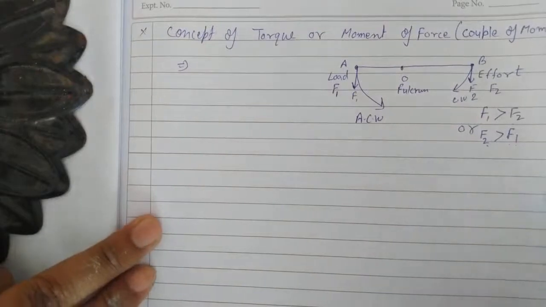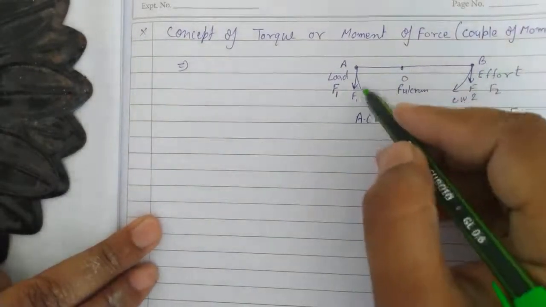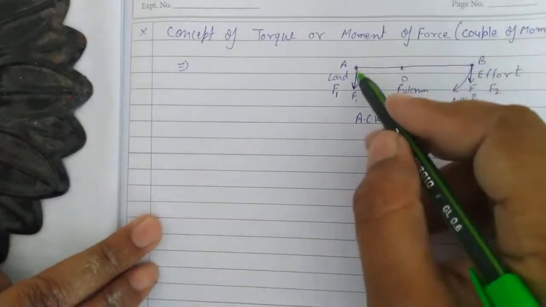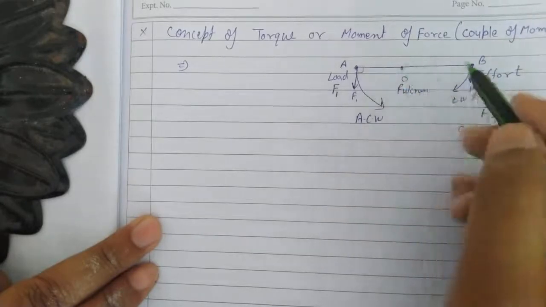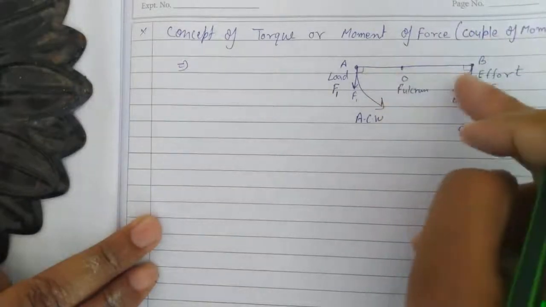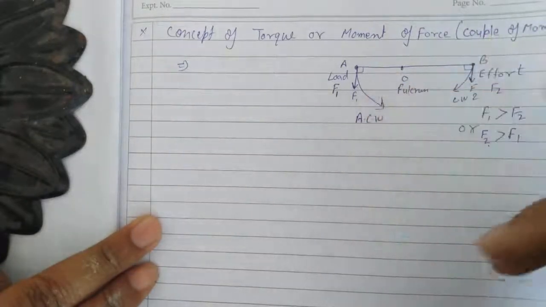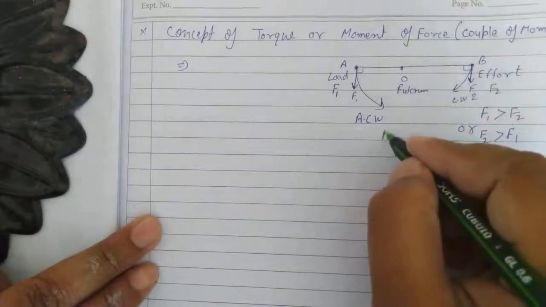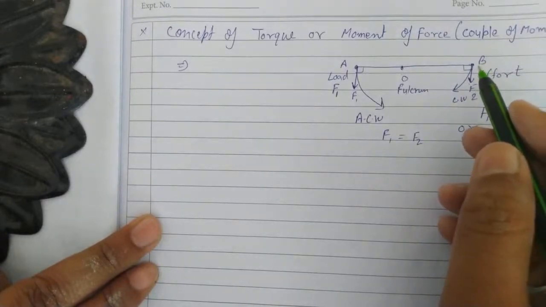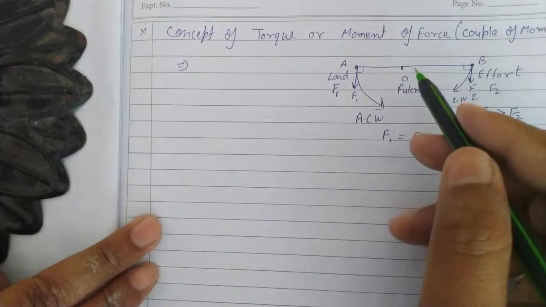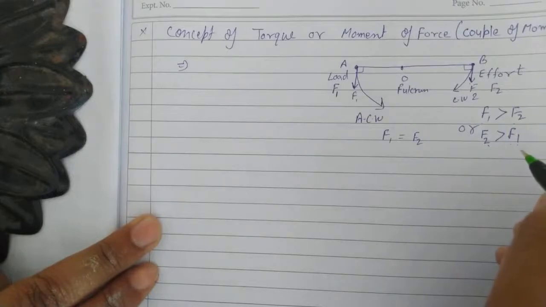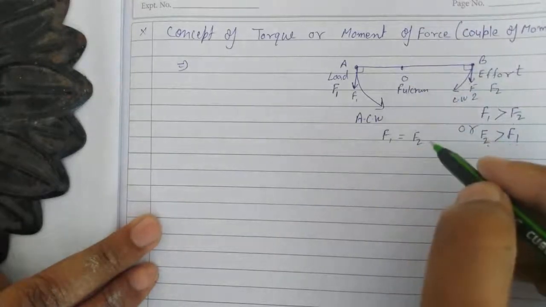So in this case, F1 and F2 are two forces acting along the same distance A to B, and the forces are perpendicular to the separation distance between the two. Then if the two forces F1 equal F2, we observe that the body is not able to move linearly along a straight line, but it gives an idea about turning.